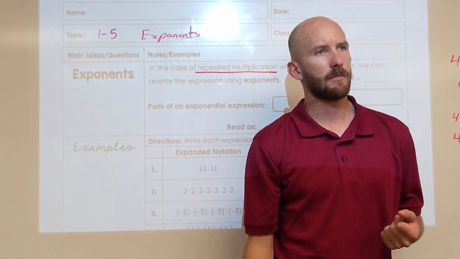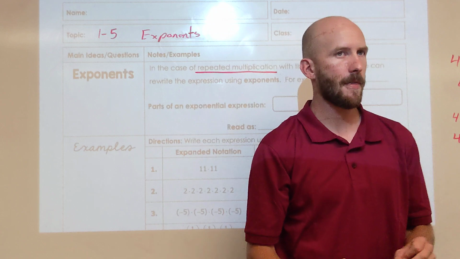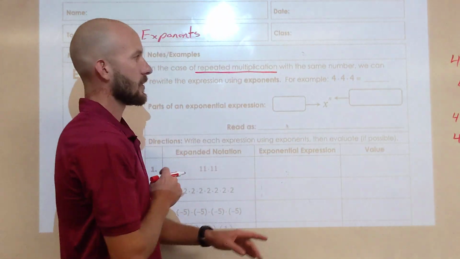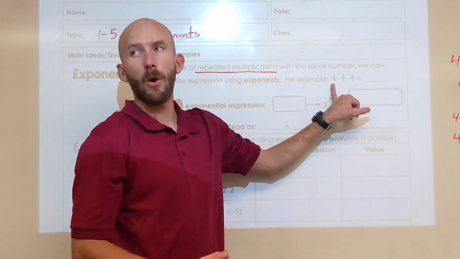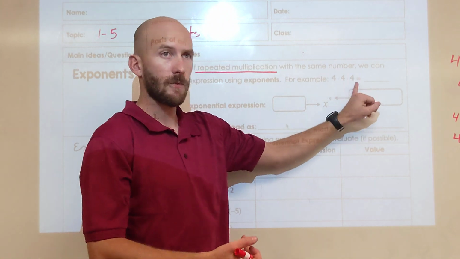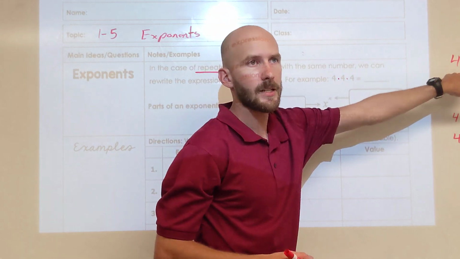That makes sense. Okay? Exponents are essentially the exact same thing, but it's repeated multiplication. So, for example, when I have something that's multiplied by itself, 4 times 4 times 4, notice here now it's multiplication instead of addition.